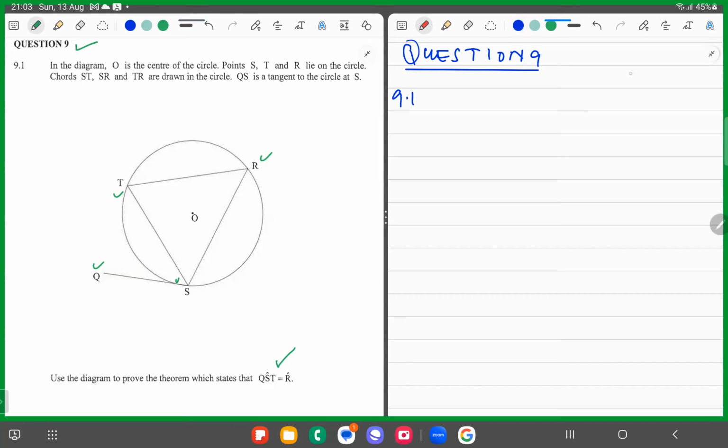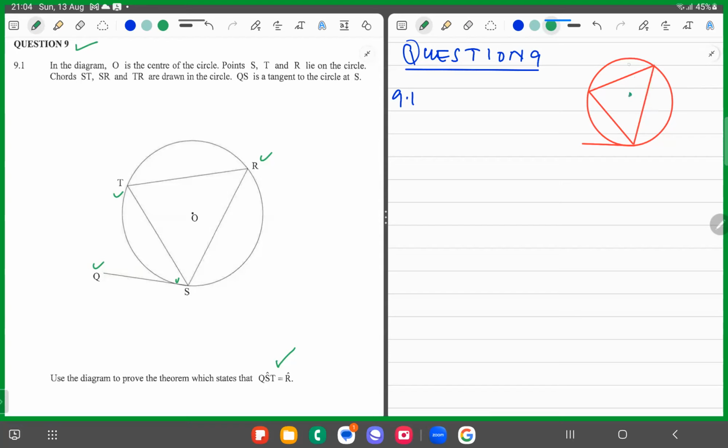So we construct a circle like this, and we draw a tangent line, and we draw another chord here. We draw a chord here. We draw another chord here.